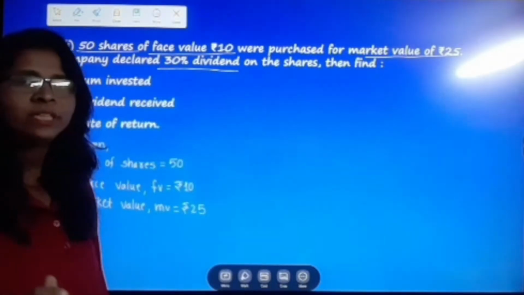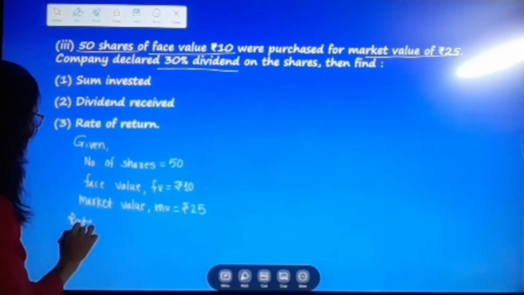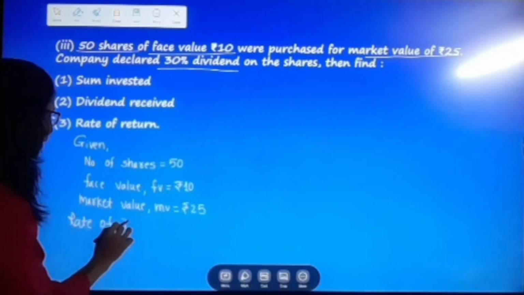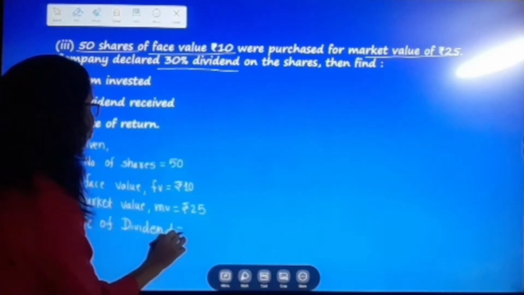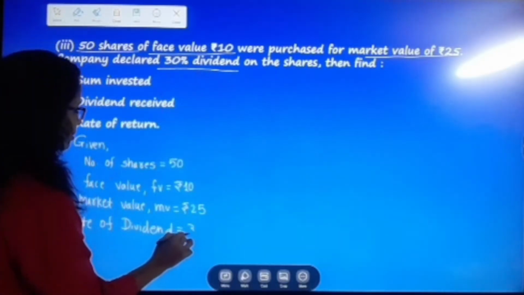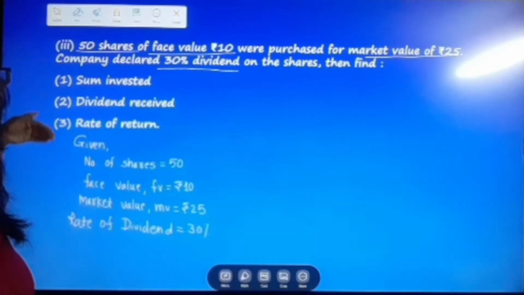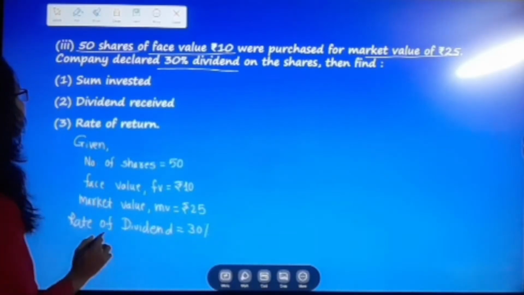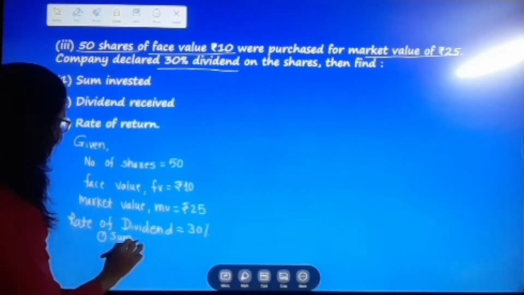So the rate of dividend, we write down here the rate of dividend. So here rate of dividend is equal to 30%. Okay students, this way. And we have to find out the one, that is here the sum invested. First write down sum invested.